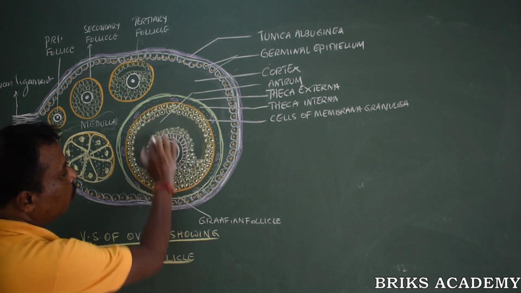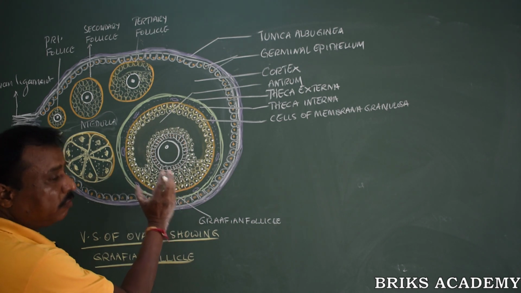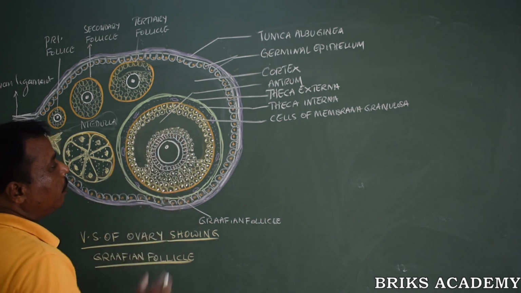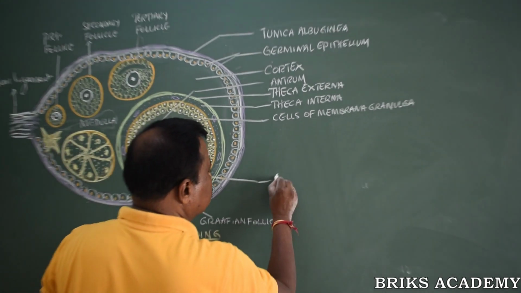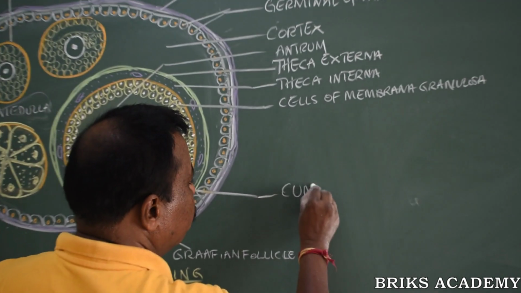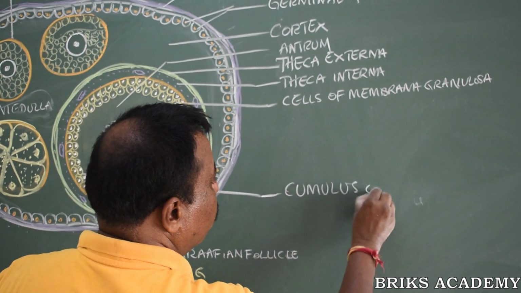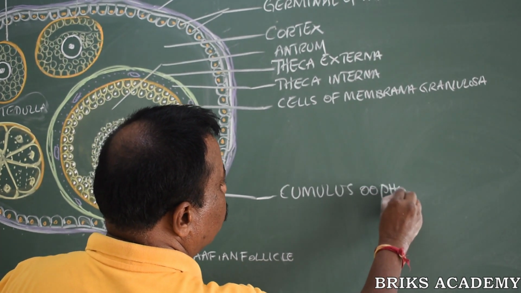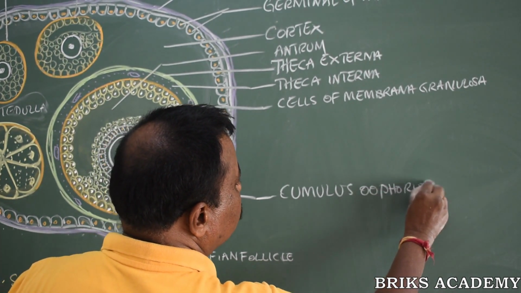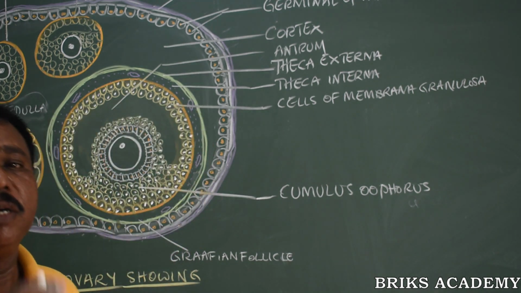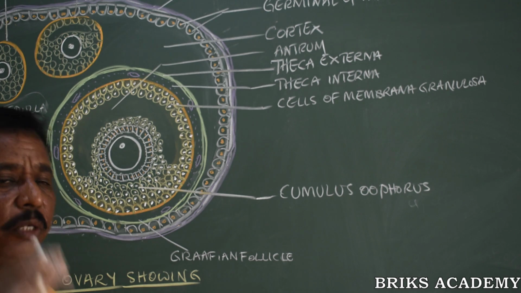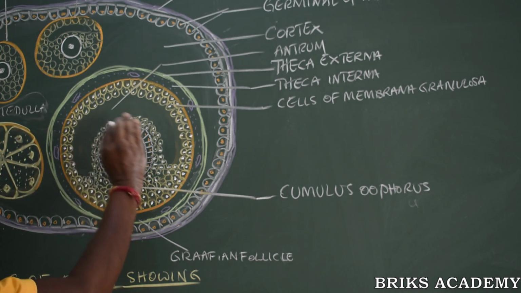This extension is called the cumulus oophorus, also called discus proligerus, germ hill, or vesicular hill, which encloses the functional ovum.